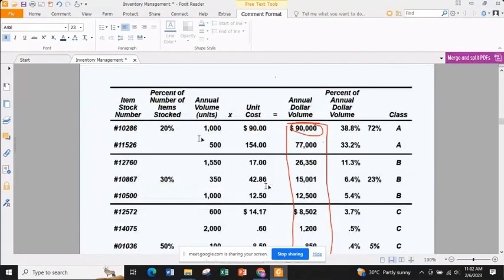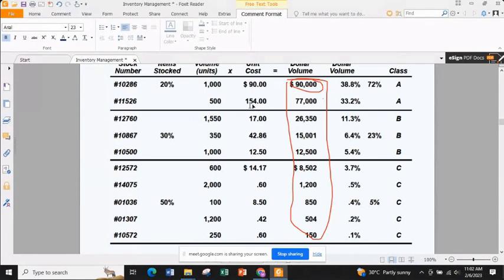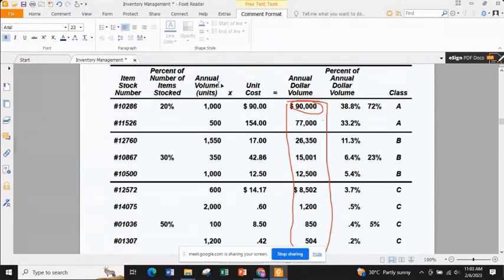Okay, this is an example once you already identify the inventory. Every component has numbers, item number, stock number. So register this: it generates 1000 units times $90, 90,000. Stock number 2, 500 units, the cost of 500, your annual volume unit times ringgit, so you get 77,000.